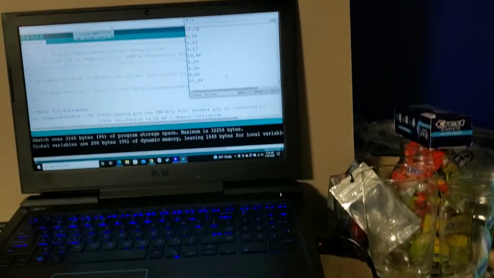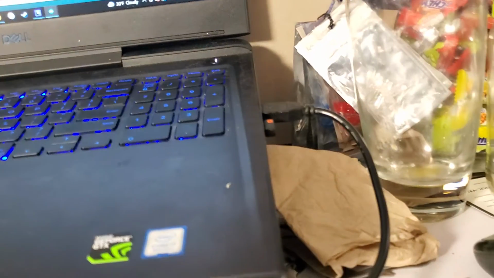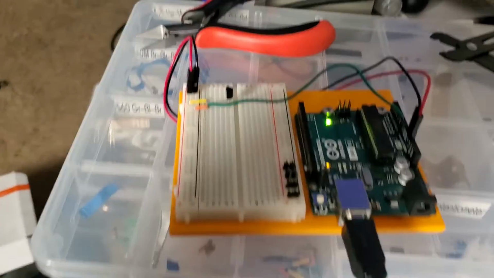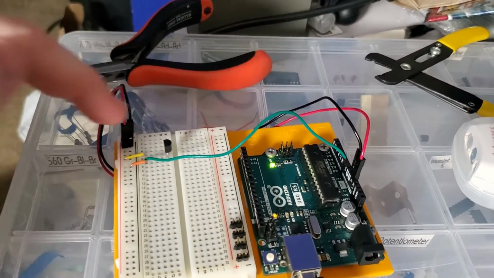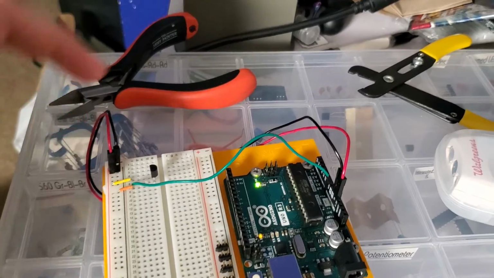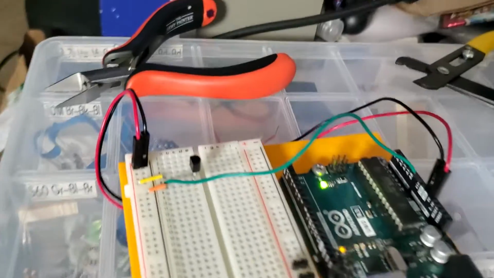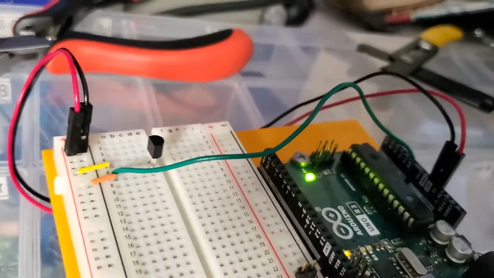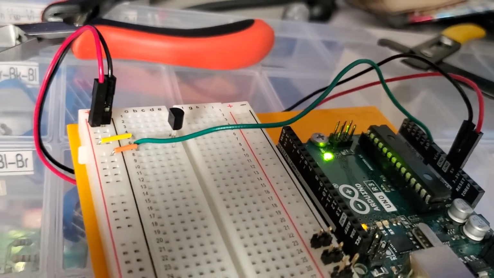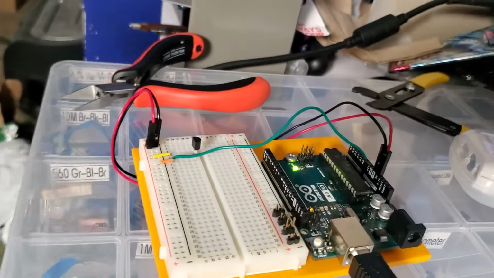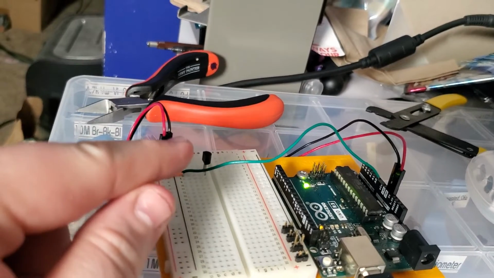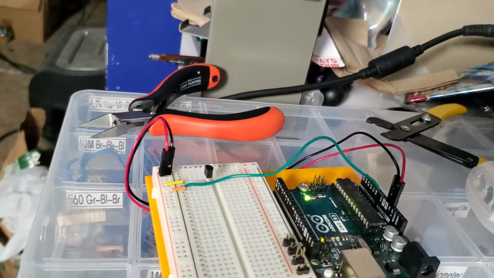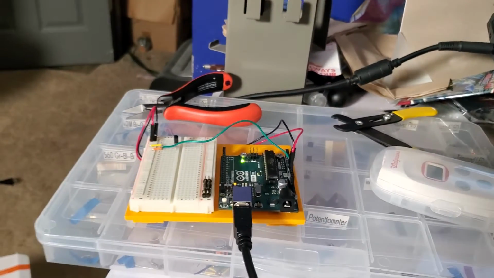Currently, on the right hand side of my laptop is where the USB cord is that sends power and signal to the Arduino board. So this is my Arduino board here. You can see the temperature sensor, ground and power connected over here with the analog 0 over here. All that temperature sensor is doing is basically taking in the temperature, and I don't remember exactly what kind of component is in there that's changing the voltage, but it checks the temperature.